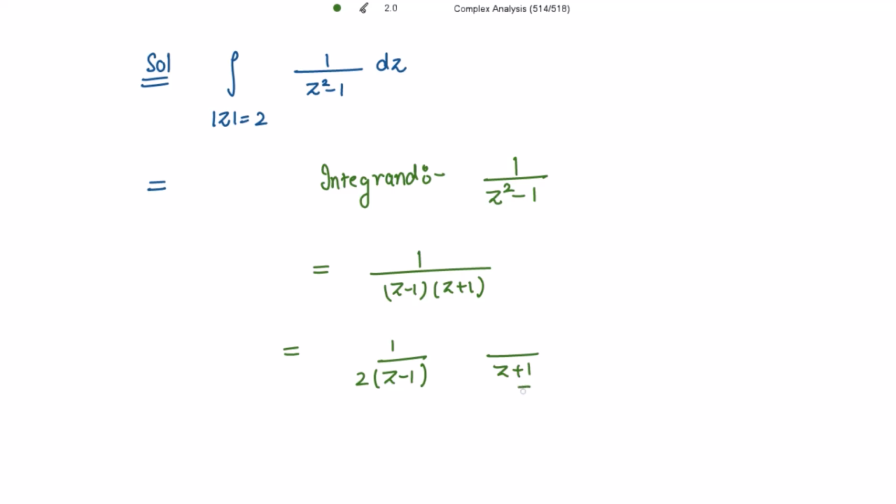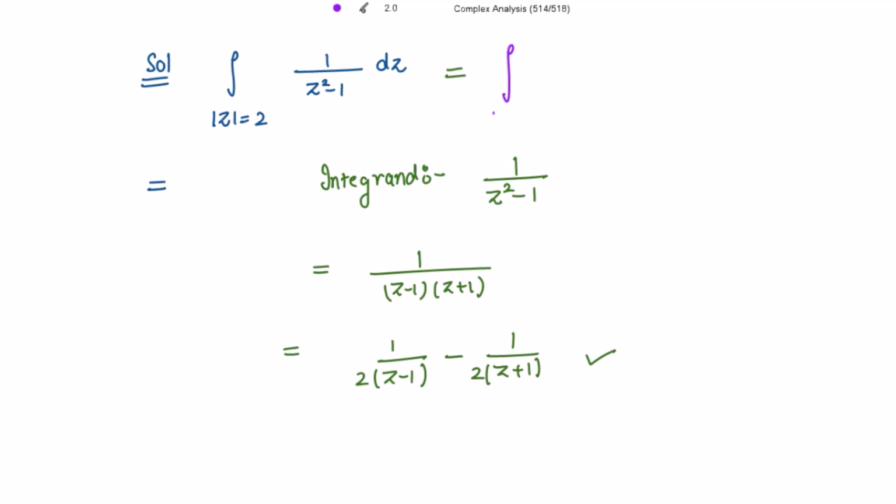Similarly, when taking this to be equal to 0, hide this from the denominator. Get the point, this is negative 1. Put this value in this fraction. What will you get? Minus 1 by 2. So write a negative sign and here 2. Right? So our integrand will be changed into this. Let's put this value over here.